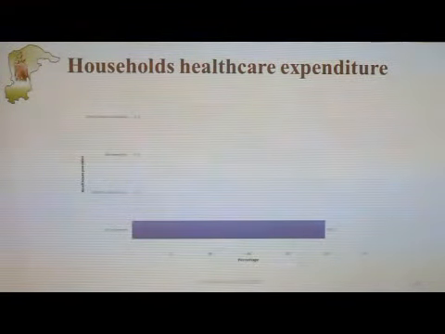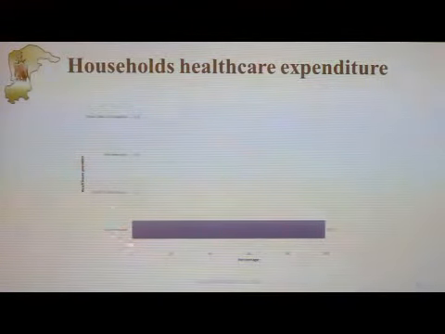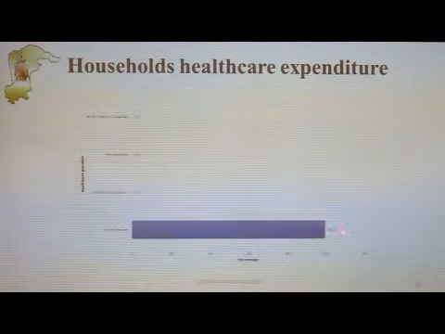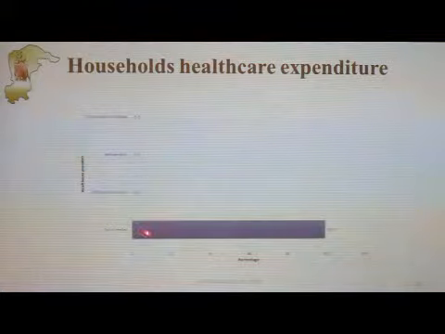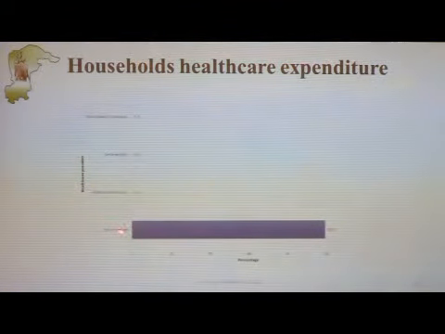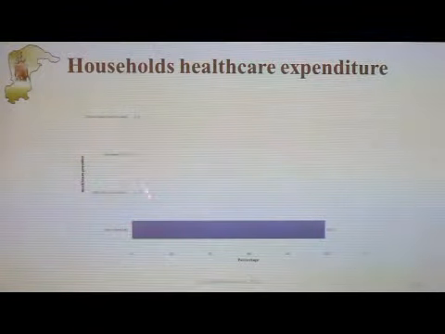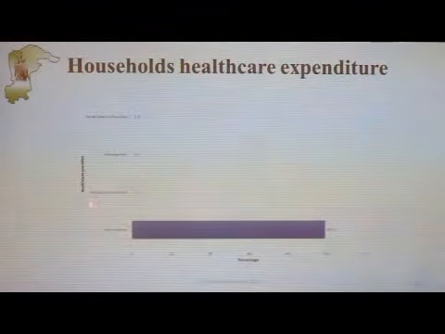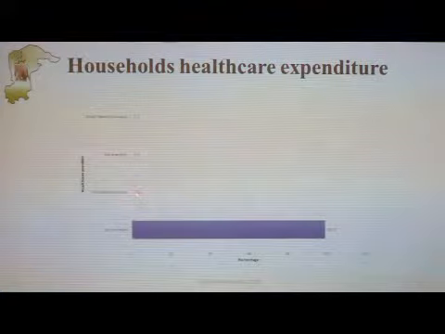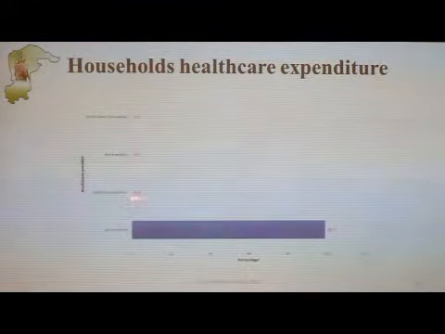On household healthcare expenditure, the majority of household heads in Katsina State pay out of pocket, which is 9.3 paid out of pocket as the means of healthcare expenditure, while only 0.3% is healthcare contribution in terms of informal sector programs.